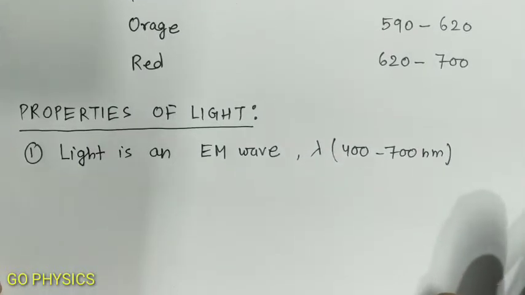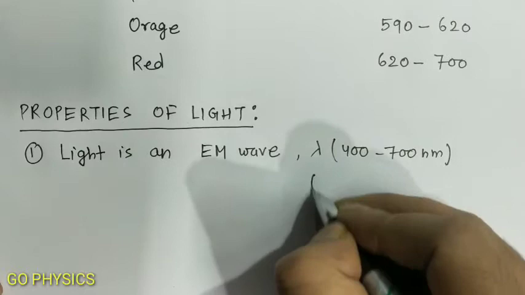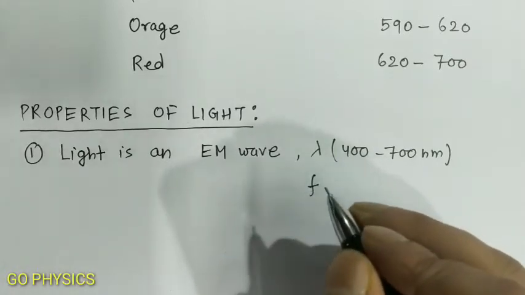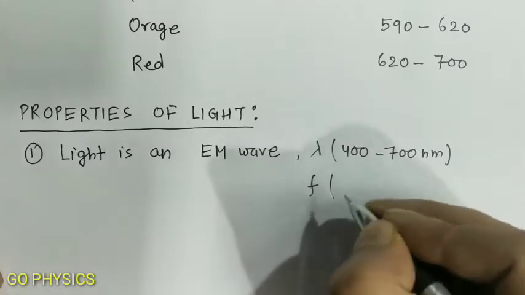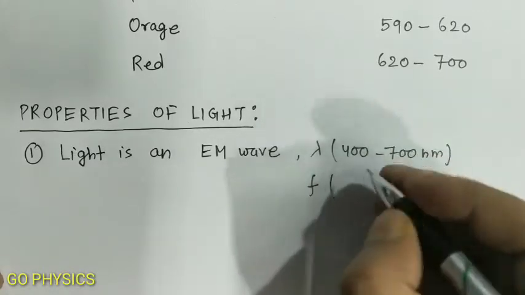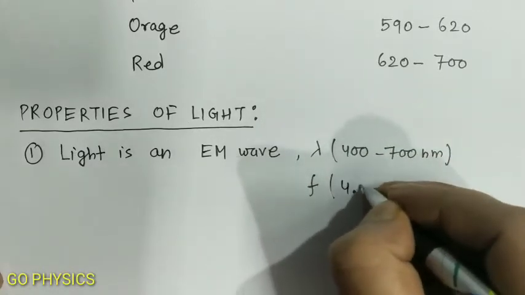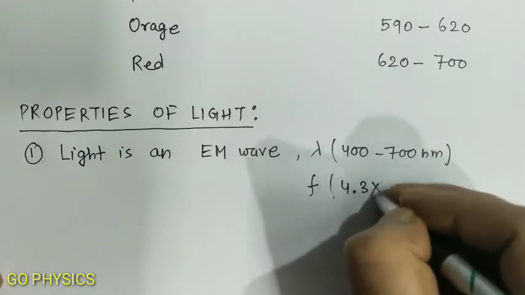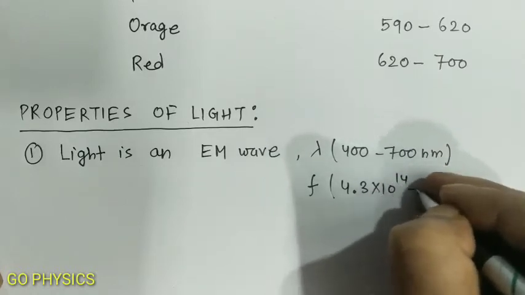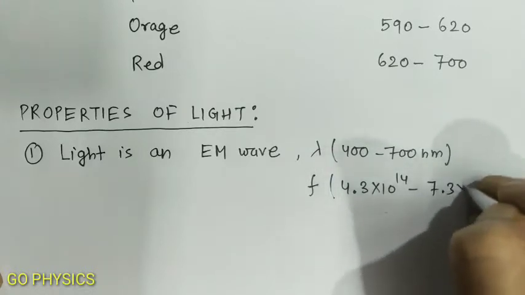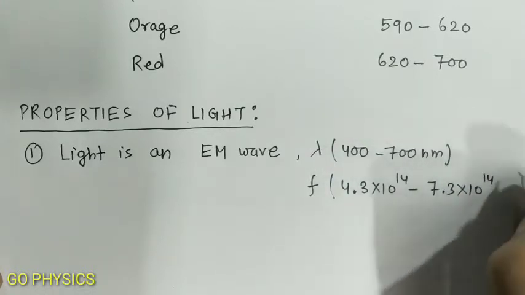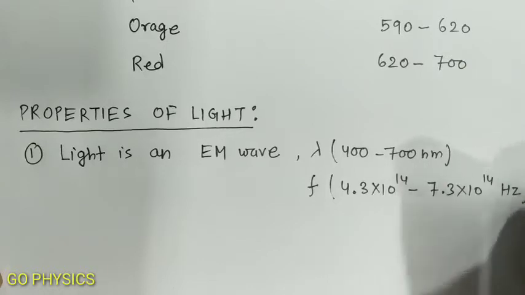And if we calculate the corresponding frequency of the light, then the corresponding frequency of light lies between 4.3 into 10 to the power 14 to 7.3 into 10 to the power 14 hertz.